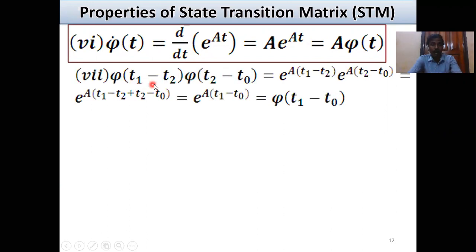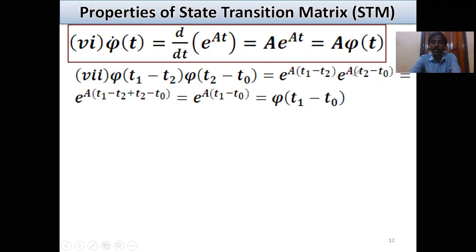And phi of t1 minus t2 into phi of t2 minus t0 equals, just put phi of t1 minus t2 equals e to the power A(t1 minus t2).